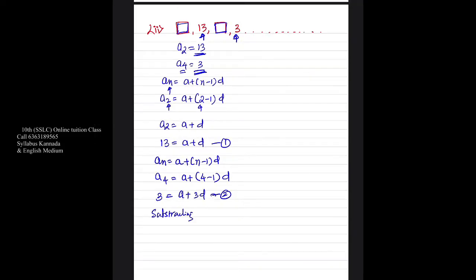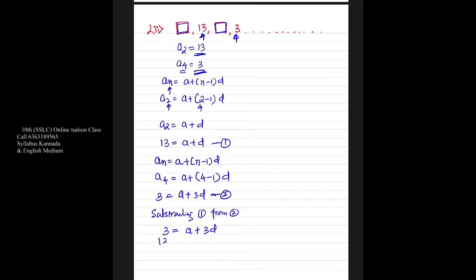ಓಕೆ, ಸೊ ಯಾವ ರೀತಿ ಫೈಂಡ್ ಔಟ್ ಮಾಡ್ತೀರಾ ನೋಡಿ, subtracting 1 from 2. ಸೊ ದಟ್ ಈಸ್, ಐ ವಿಲ್ ರೈಟ್ ಇಟ್ ಫಸ್ಟ್ ಸೆಕೆಂಡ್ ಇಕ್ವೇಷನ್, 3 is equals to A plus 3D. This is your second equation.